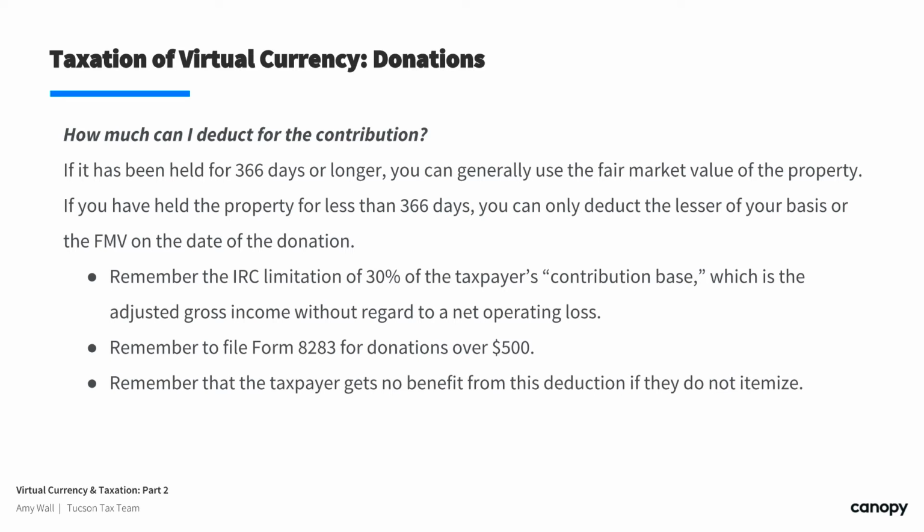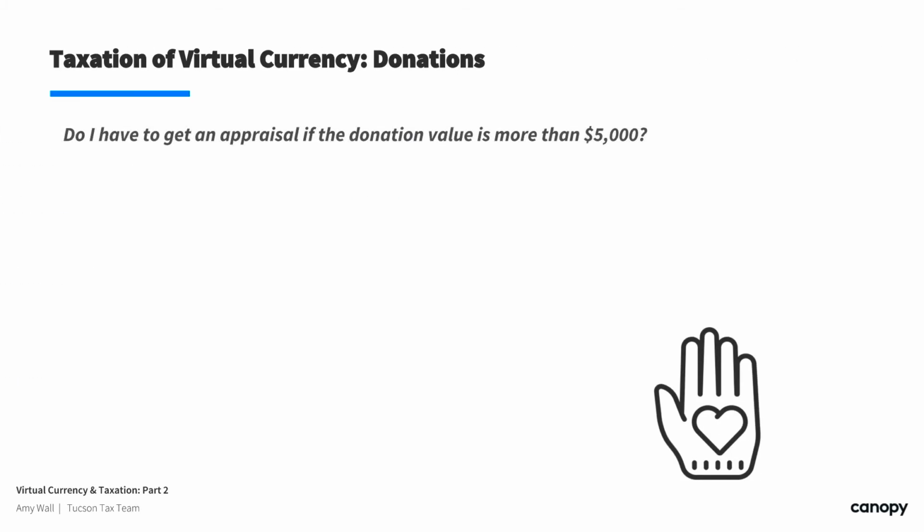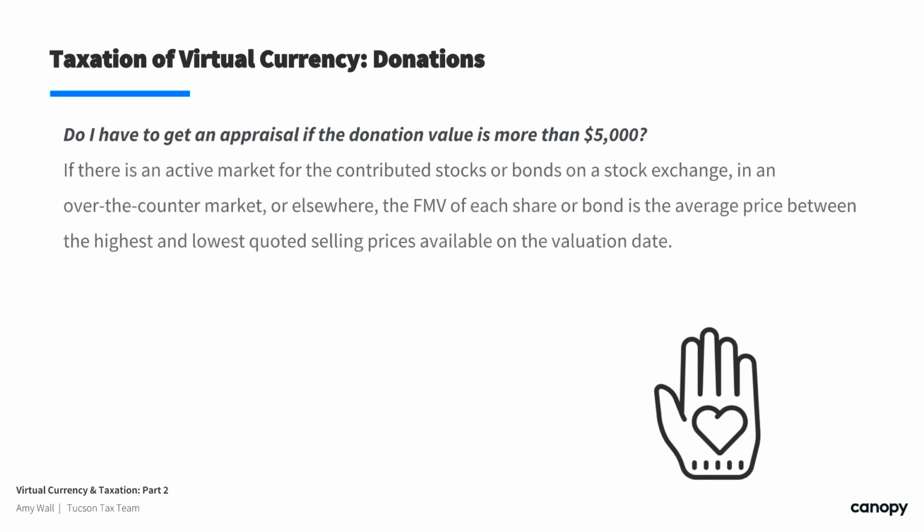Now, we know that the IRS wants an appraisal if the donation value is more than $5,000, but there's an exception, for example, an active market for contributed stocks or bonds. And then the fair market value is the average price between the highest and lowest prices on that date. So I say, I don't think we need an appraisal.